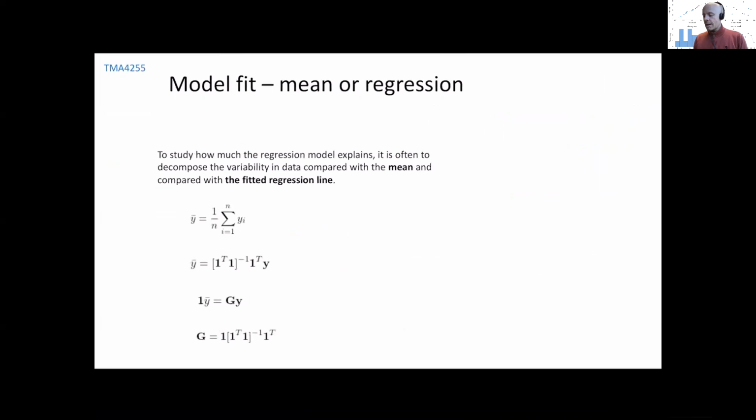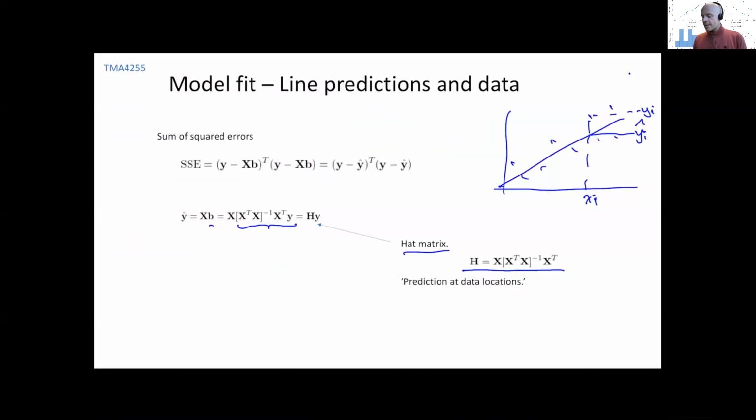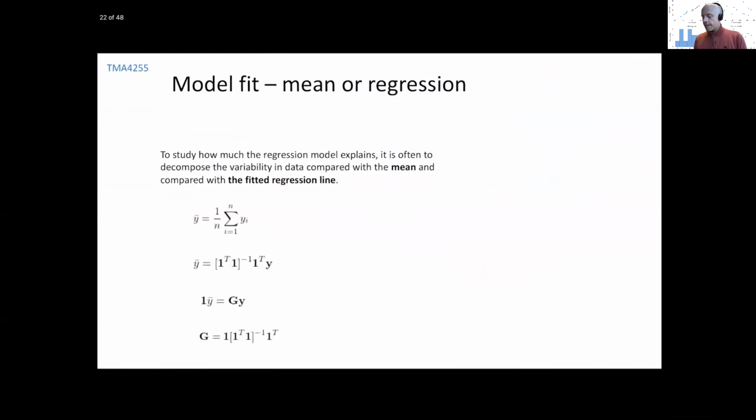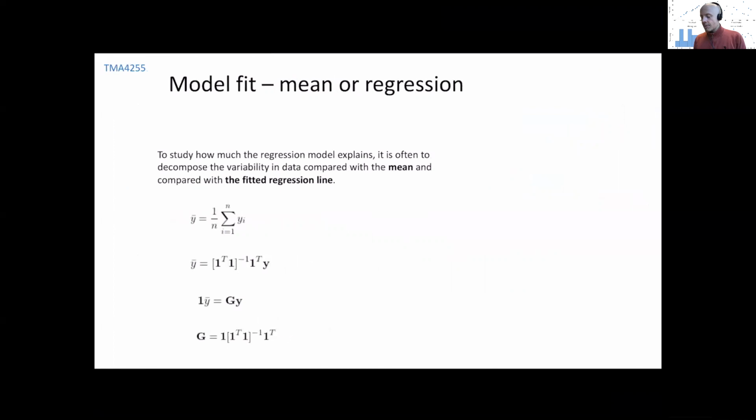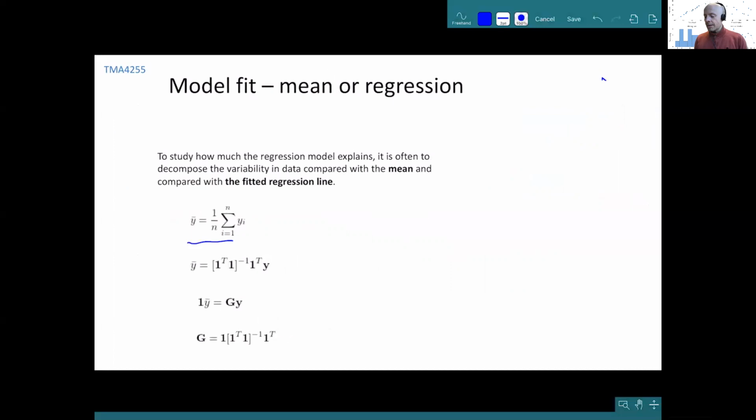So remember that we had X transpose X, inverse, X transpose y. Here we get a similar thing, but we're just taking the mean. We can write it in terms of one vectors like this. What is that one? Well, one is a vector of one entries. Just the intercept, if you like. No effect of the regression model, no effect of the covariates.